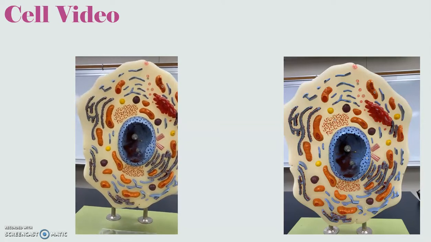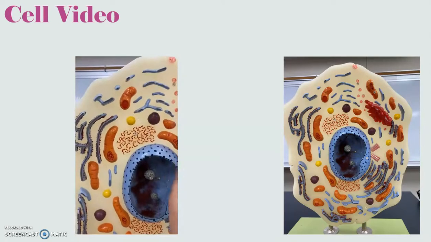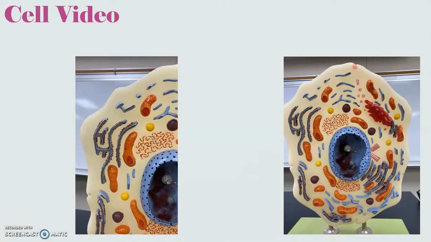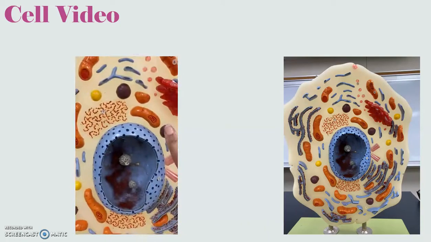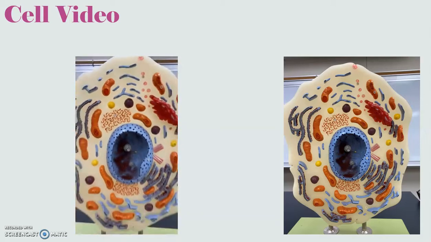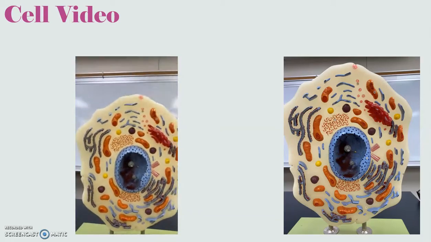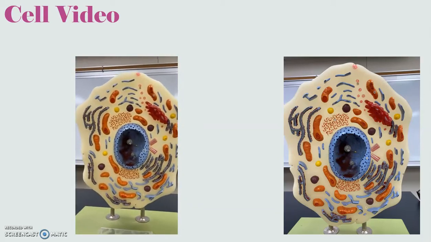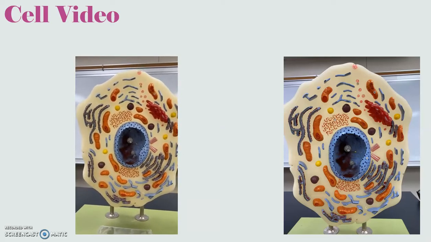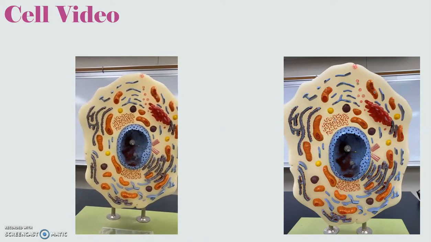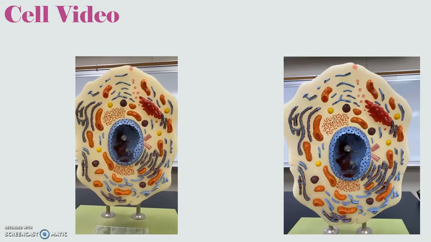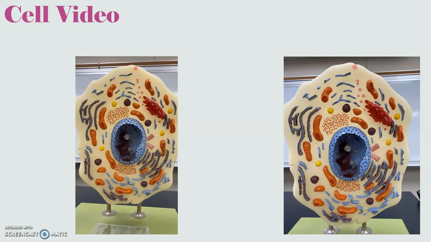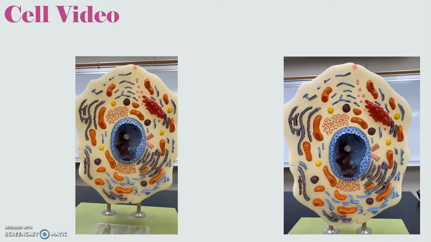And the last two structures you will see are this large purple structure and this very small yellow structure. The purple structures are lysosomes. Lysosomes are the structures within our cells that have digestive enzymes, and these digestive enzymes are going to destroy anything that enters the cell that will be harmful to it, or destroy any organelle that has been damaged or worn out.